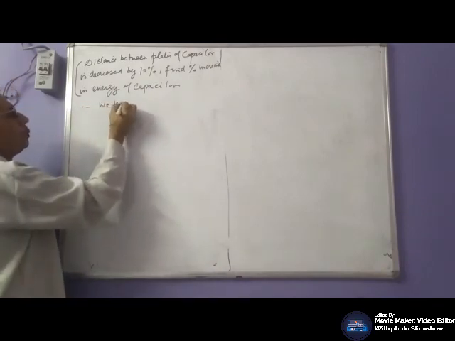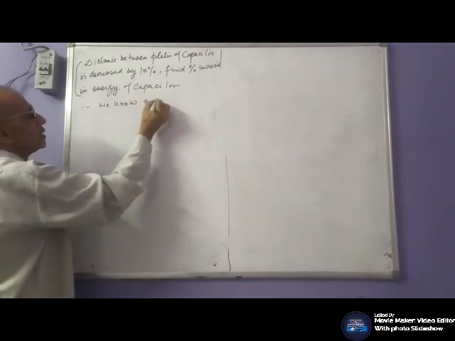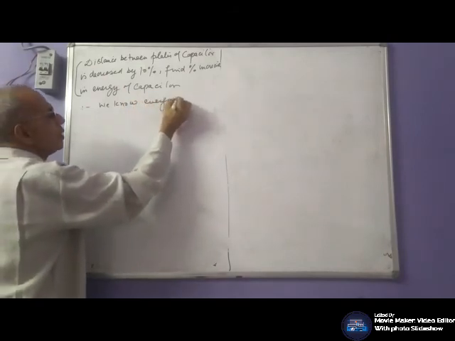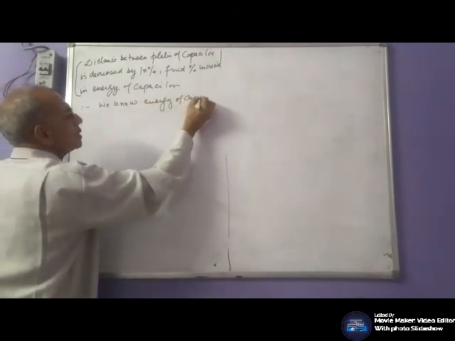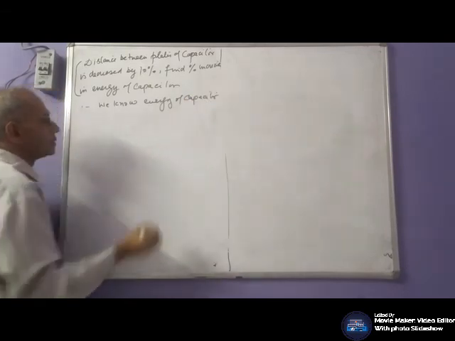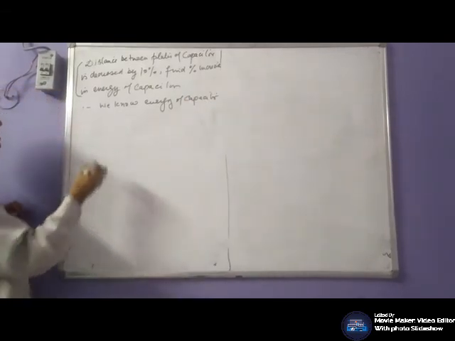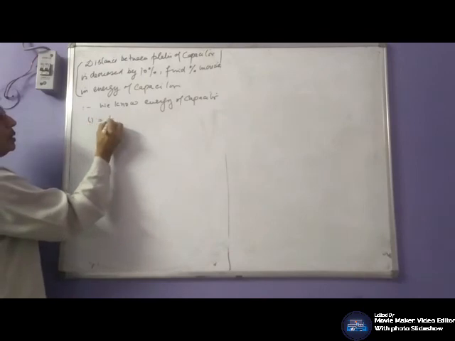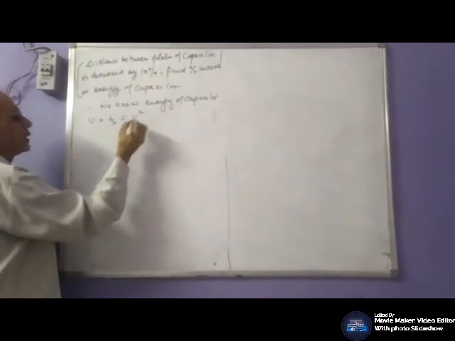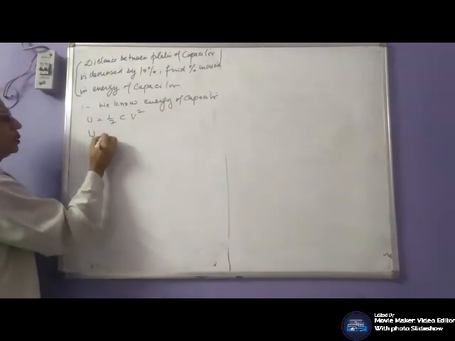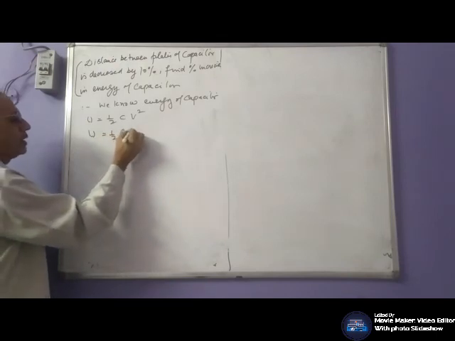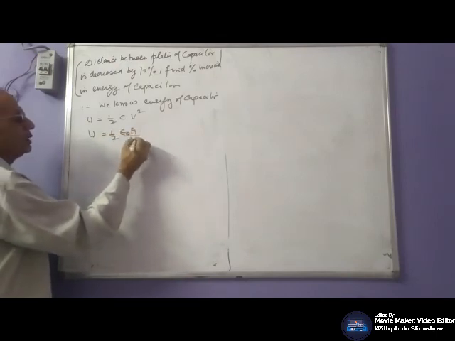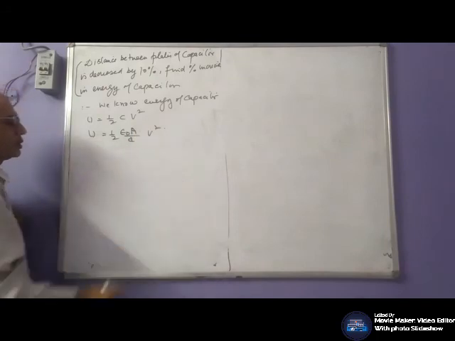We know energy of capacitor U is half CV square, U is half C epsilon naught A by D V square.